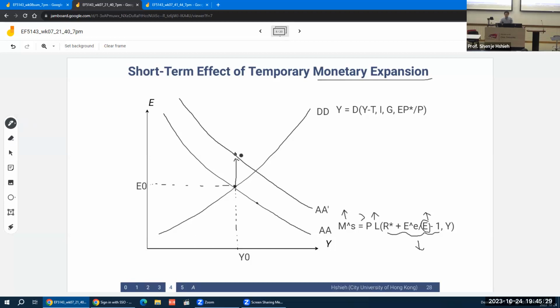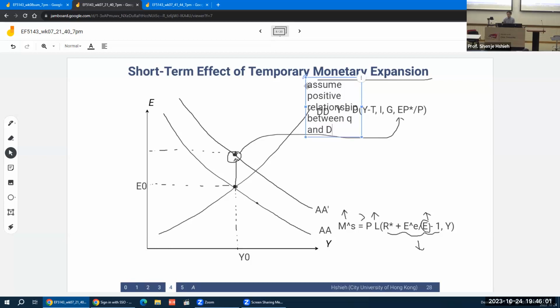Based on this graph, the next thing you should think about is feedback. For a given Y, now we're up here, all else equal. I won't designate a point here because it's not that important, but this point is going to feed here. And of course, we're going to assume a positive relationship between Q and CA.